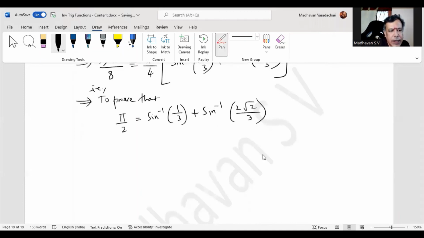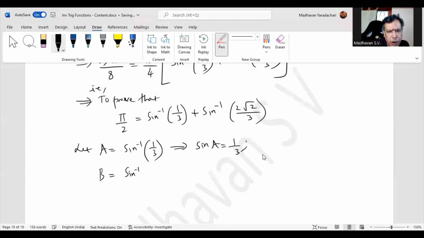Now let capital A equal sine inverse of 1 by 3, which means sine A is equal to 1 by 3. Then let B equal sine inverse of 2 root 2 by 3, which means sine B is equal to 2 root 2 by 3.